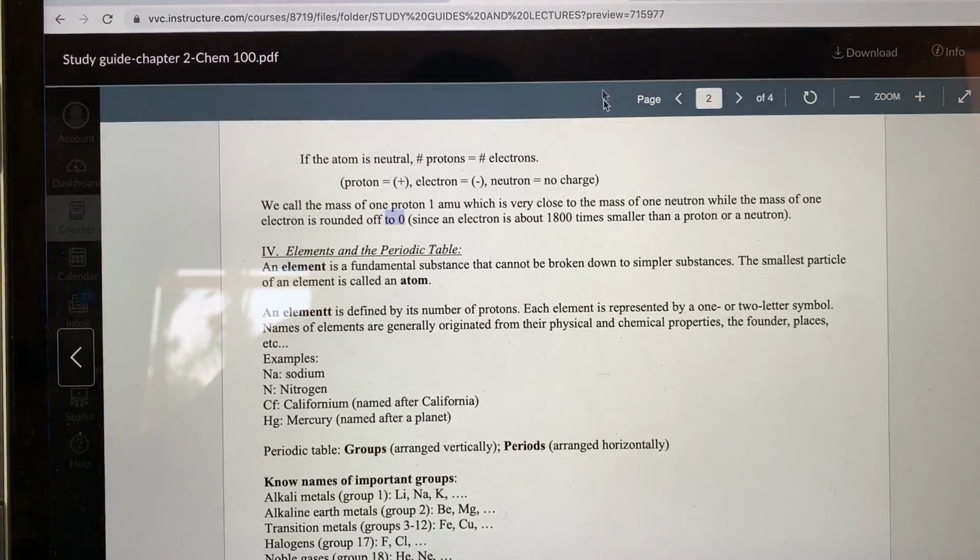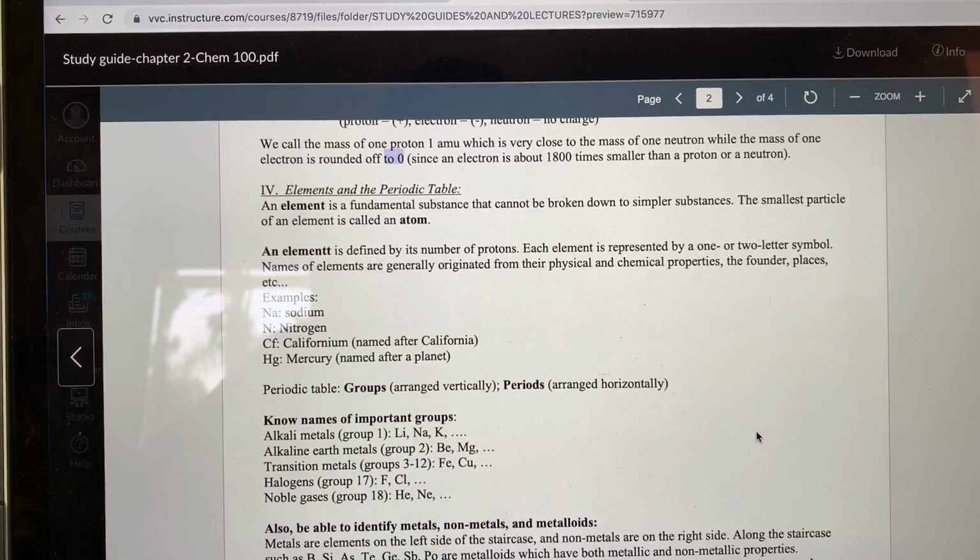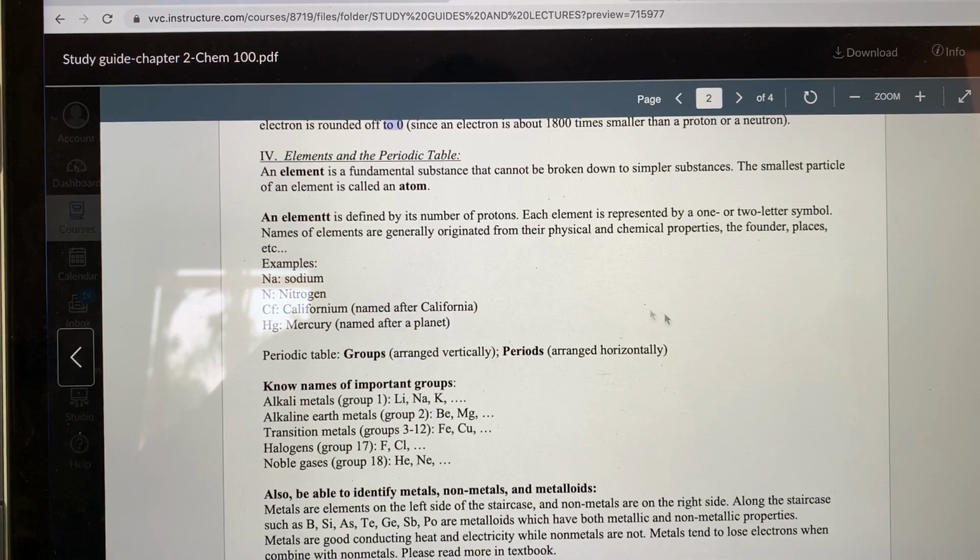Okay. Now going back to elements, if you notice, on the table each is abbreviated by a one or two letter symbol, and the name comes from a property, the founder who discovered them, or the place where they were discovered. For example, sodium is Na. The original name is actually natrium.